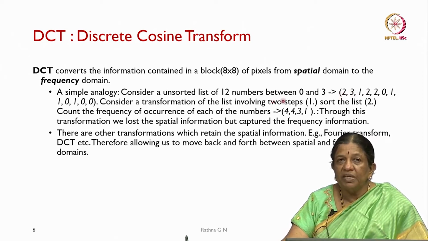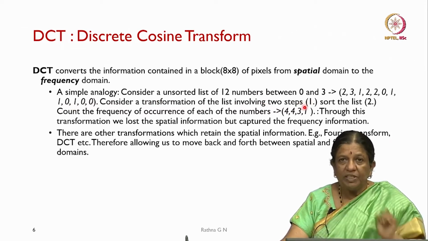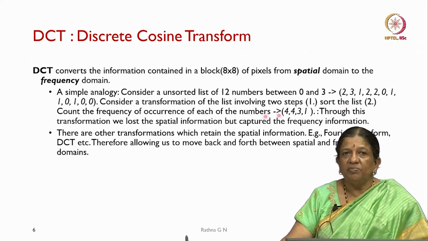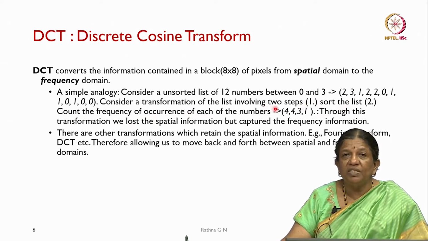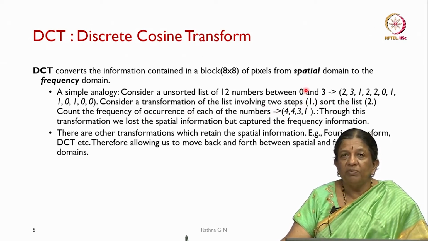The second step is to count the frequency of occurrence of each of the numbers. Because we have only 0 to 3, it is only 4 numbers we can represent here.